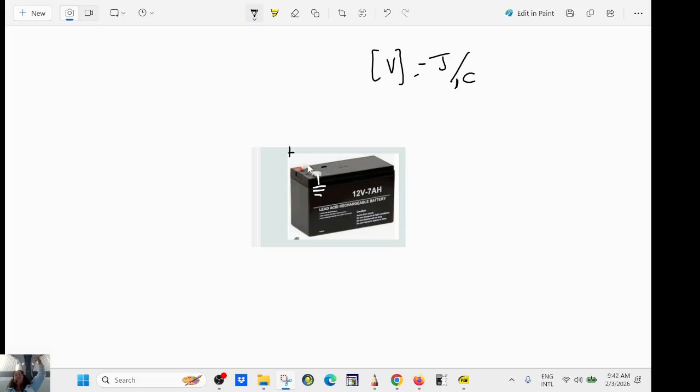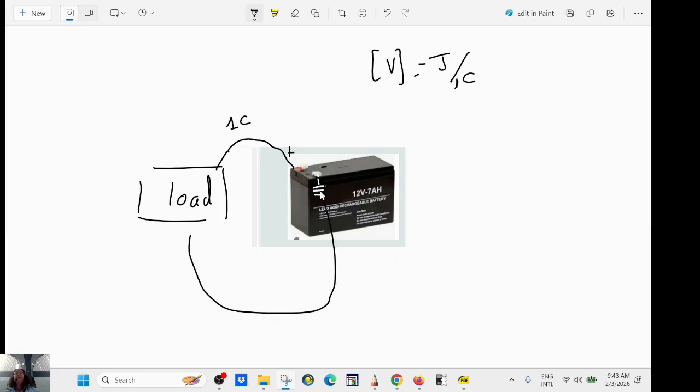So each coulomb of charge here, because of chemical reaction, is given 12 joules. And then you connect that to a load. That will be your headlight or your starter. And this energy is going to be dumped into the load. So each coulomb of charge comes back with no energy, and then it gets a boost again.